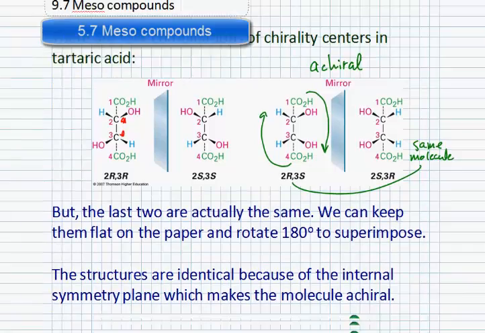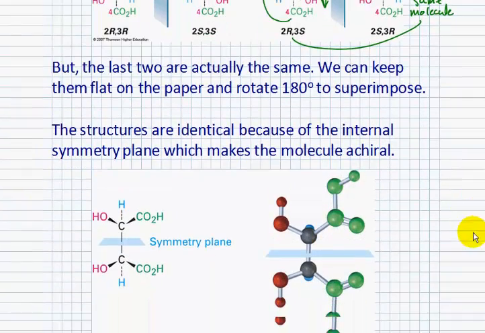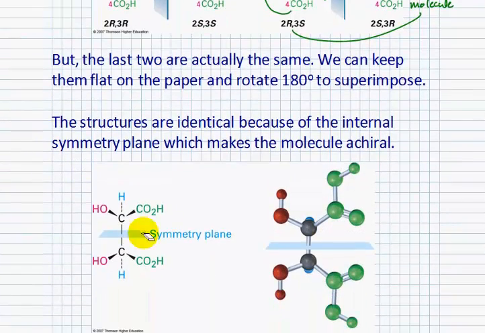They're identical because there's an internal symmetry plane straight between the 2 carbons. If I've got the 2 middle carbons going up and down, for instance, if I reflect it that way, we can see pretty clearly that there's an internal symmetry plane.